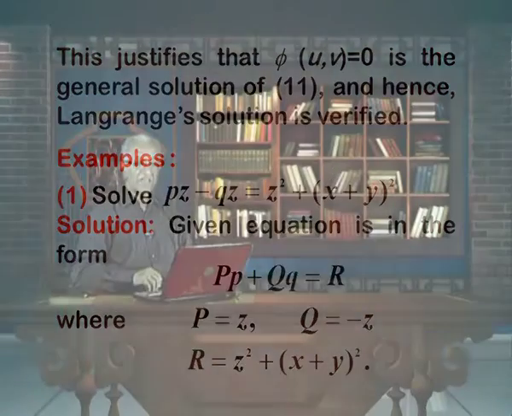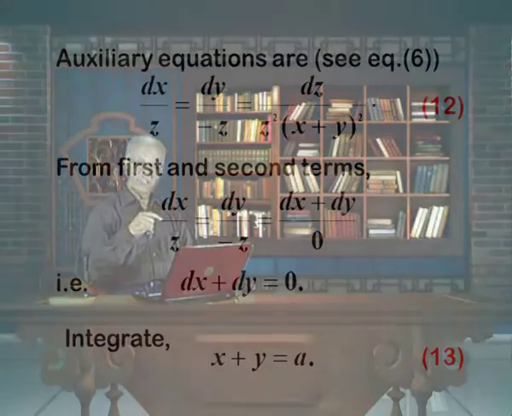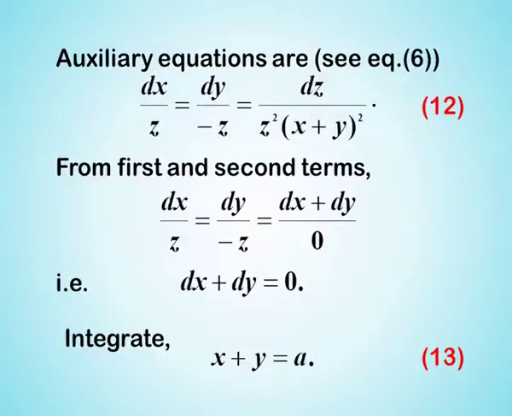That auxiliary equation which we have written, referred to as equation 6, is written like this: dx upon p, for p we write z, dy upon q, for q we write minus z, equal to dz upon r, for r we write the right hand side of equation 11, which is z square plus (x plus y) whole square. Okay, everything is done now.